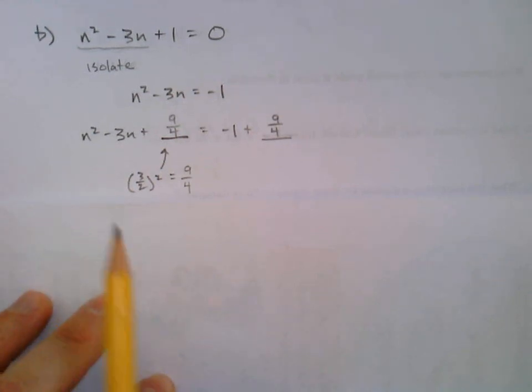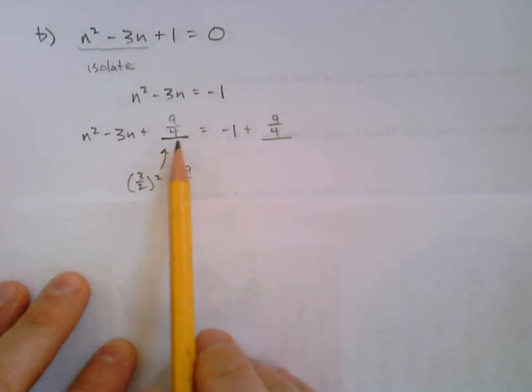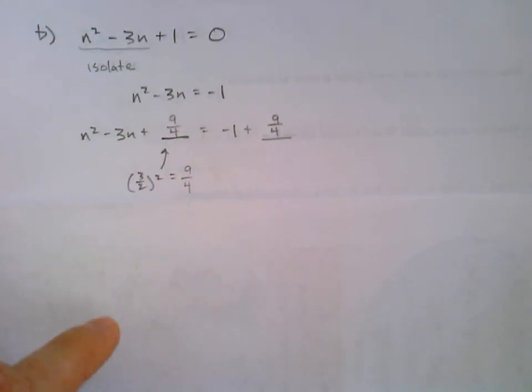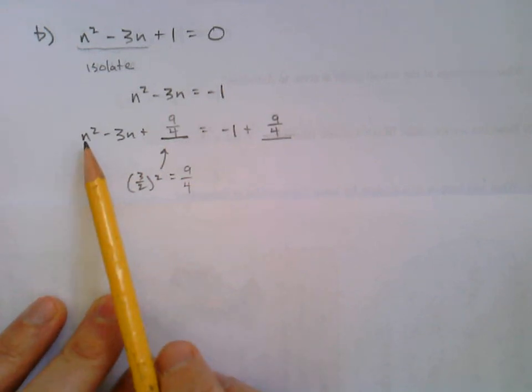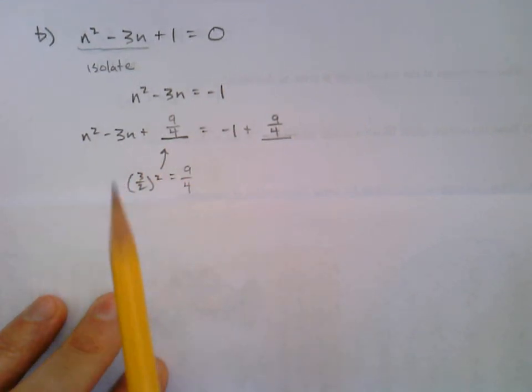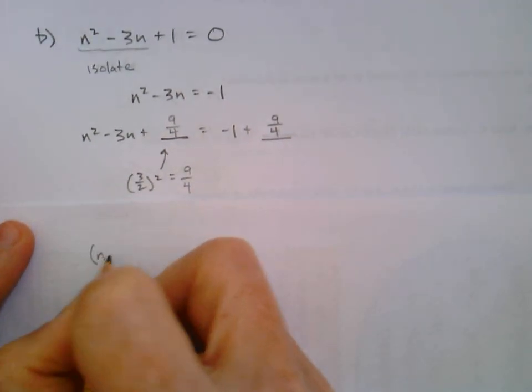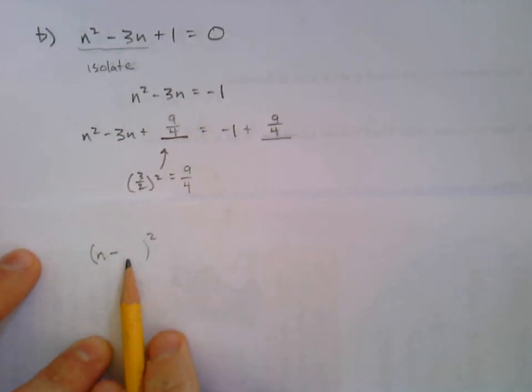What comes next? We're going to replace this left side with the parentheses squared. How would that look? Well, it's going to begin with n. Since this is a minus, we're going to have a minus. We know it's going to be squared. What number is going to go here?